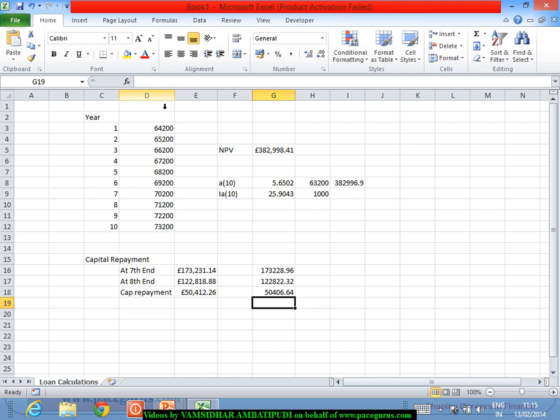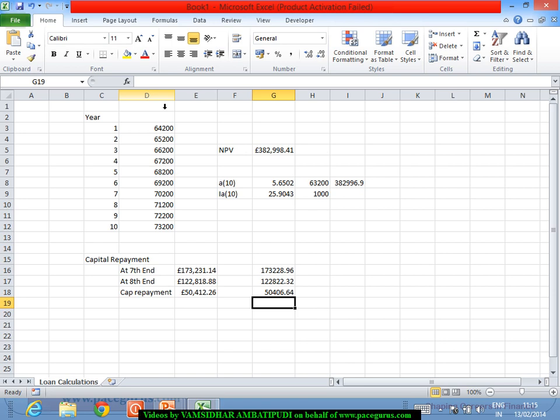If I want to know what is the principal contribution of the payment, because every payment which we are doing in a typical loan repayment process includes an interest repayment as well as a principal repayment. So I really need to understand what is the principal repayment in this process. So for that, it's better to understand how much principal is outstanding at the end of period n minus 1 and how much is outstanding at the end of the period n.